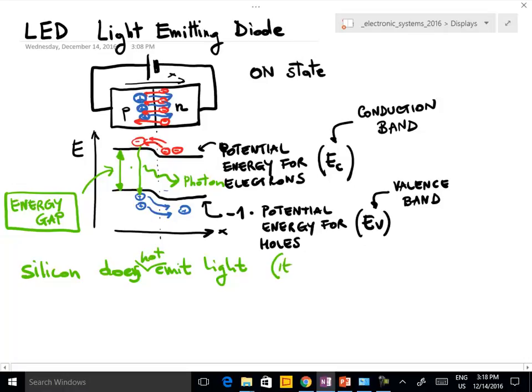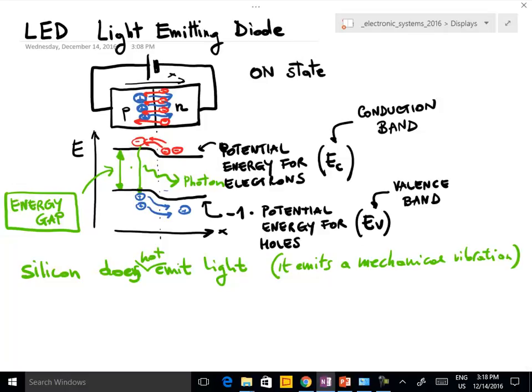It emits a mechanical vibration, which is essentially heat. So this energy which disappears during a recombination becomes heat, okay, vibration of the atoms of silicon.